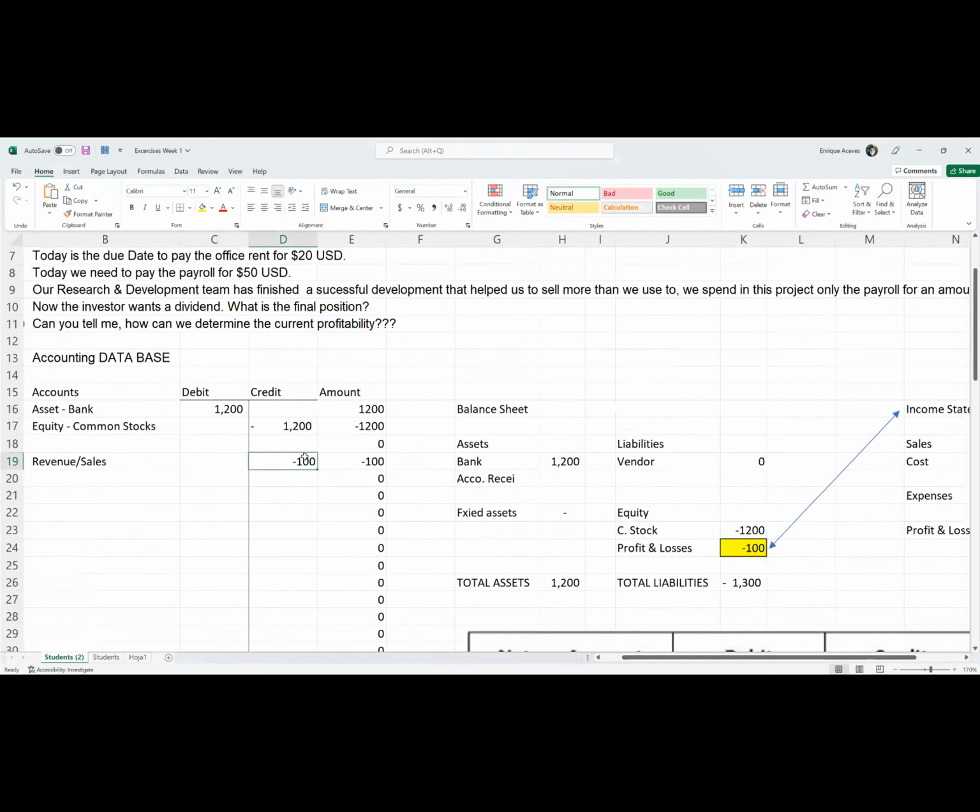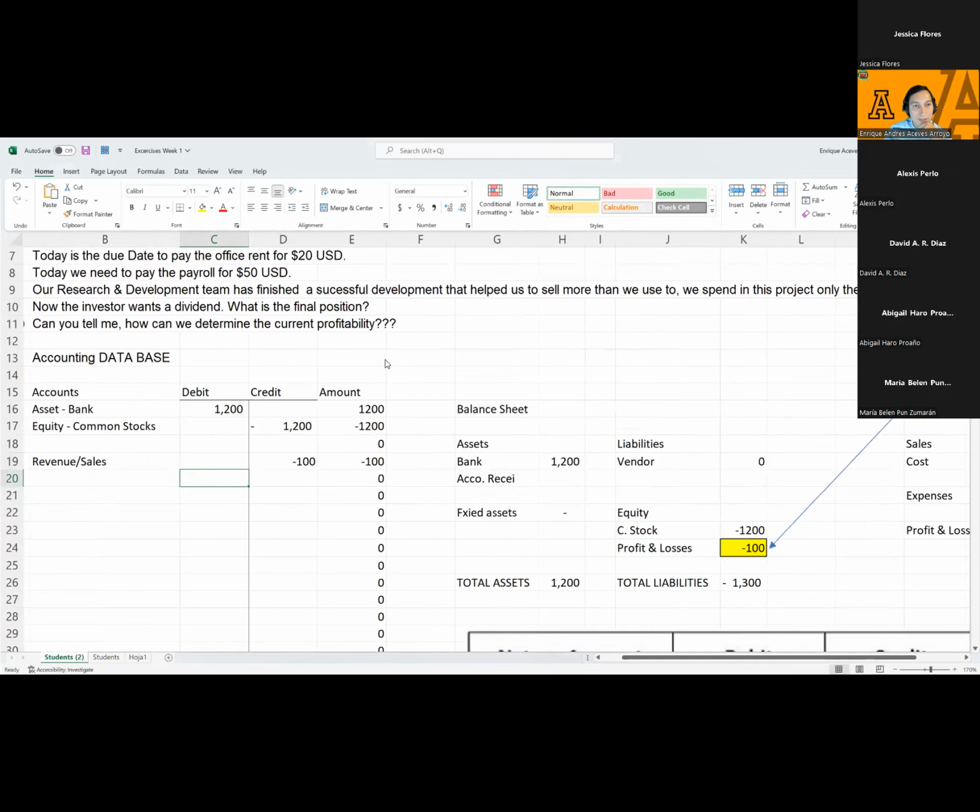This is the sale register, but I'm missing the debit. And this is where Abigail was correct. We're missing the asset. They are not paying me in cash, but we have the right to claim, right? The right to claim, which is an asset, called accounts receivable.